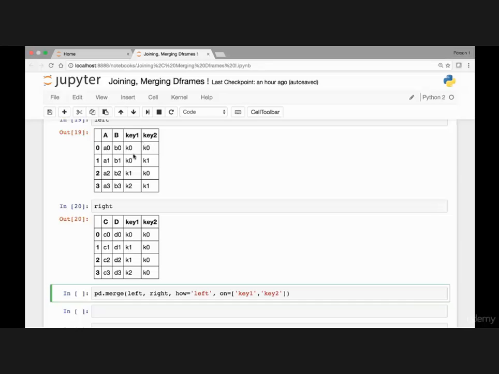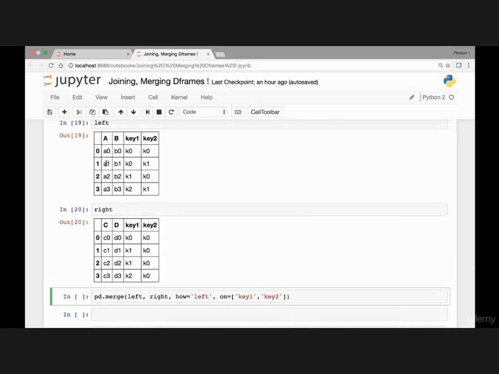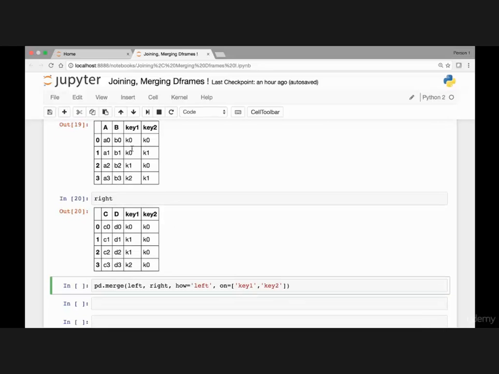Okay, the second key 1, key 2 combo in the left data frame is K0, K1. Do we have that in the second data frame? K0, K1. No, we don't. So for the second row, we'll have values A1 and B1, and then K1 and K2 will be K0, K1, and for C and D, the values will be not a number, NaN, missing data, since we don't have K0, K1 in the right or second data frame.